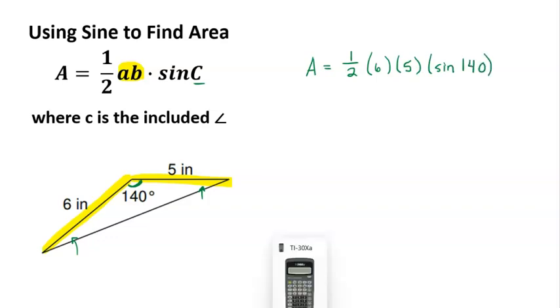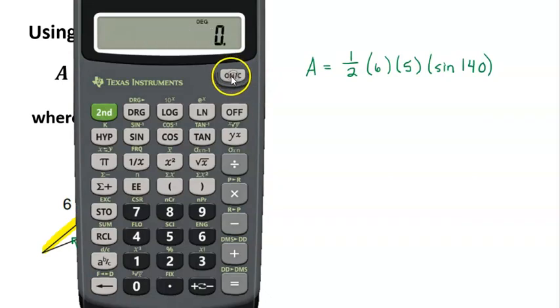And so this is all calculator work. And so 1/2, we can put that as 1 divided by 2, close parentheses, times 6 times 5, even though we know 6 times 5 is 30, and then 1/2 of 30 is 15.